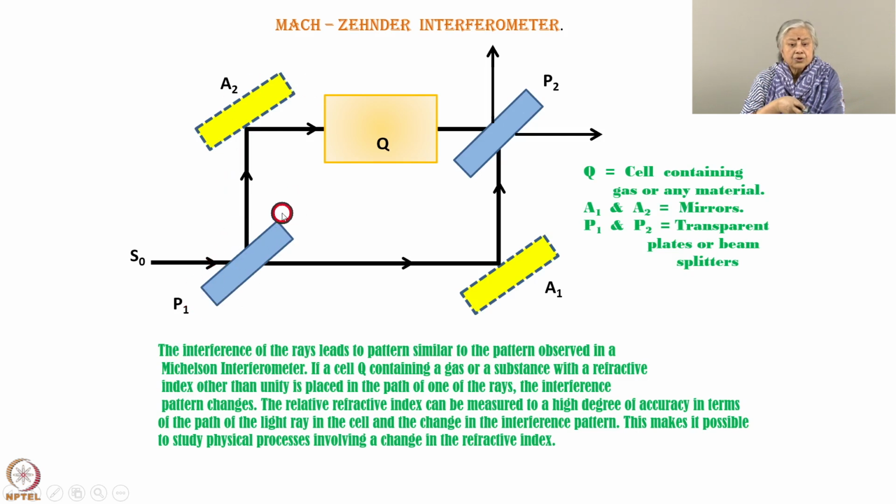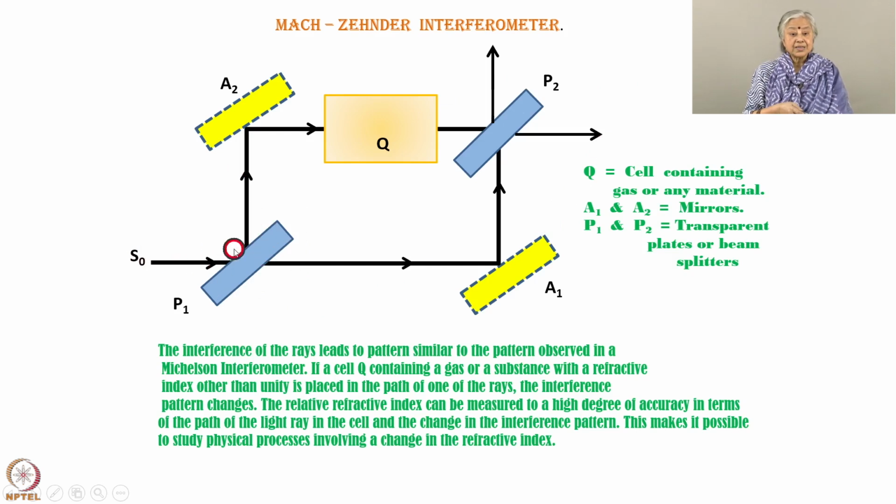So, it is something like a beam splitter. It splits this beam into this part and this part. Splitting the beam into two parts is a division of amplitude. That is what we saw last time, and Michelson's interferometer is a good example where division of amplitude takes place.